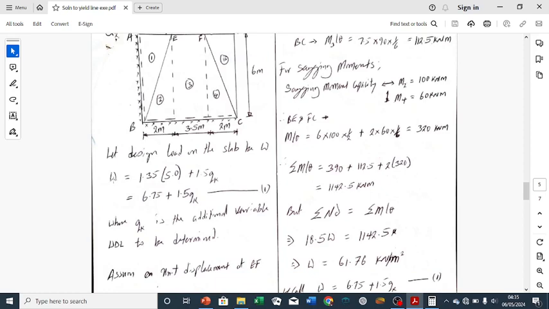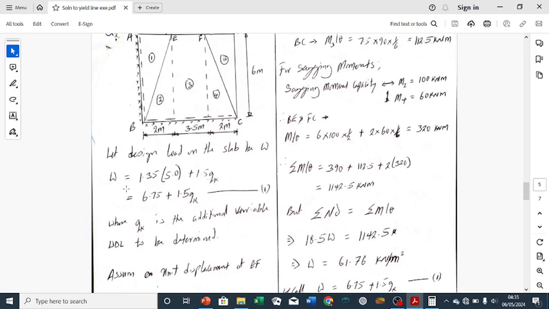This is our normal equation for calculating design load, where 1.35 is a factor of safety for permanent action. 5.0 is a permanent action that we have been given, plus 1.5 is a factor of safety for variable action, while QK is the variable action that we actually want to calculate.